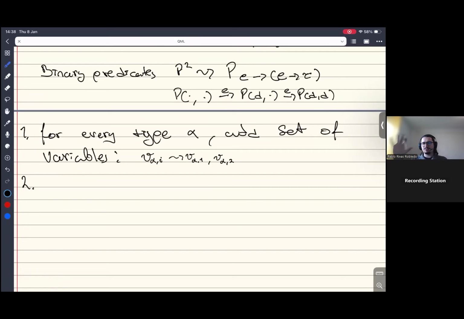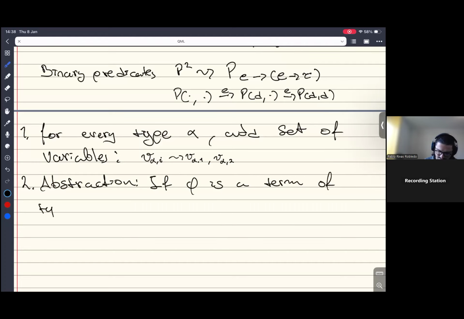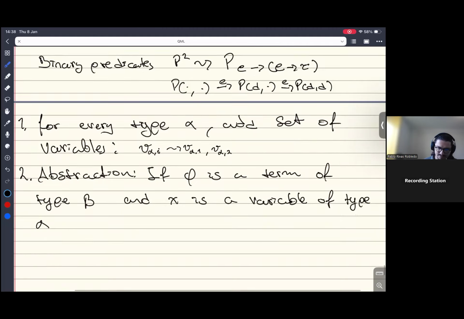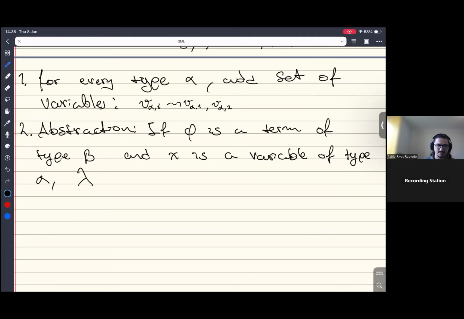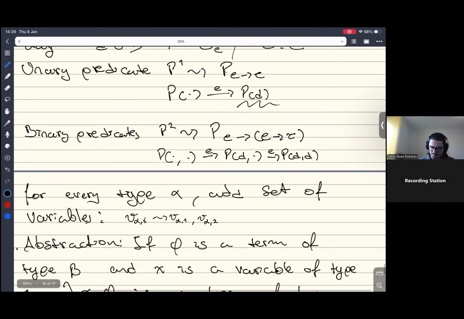So the idea, I told you, this brings us very close to this interpretation of this as computer programs, but basically what I want to say is that if phi is a term of type beta and x is a variable of type alpha, then we represent this as, so we can abstract away the alpha by saying lambda x of alpha is a term of type alpha to beta.